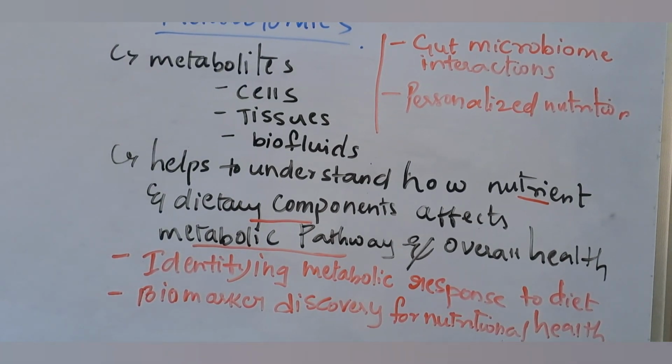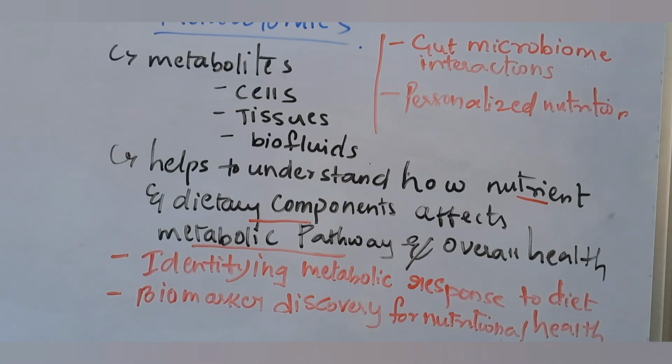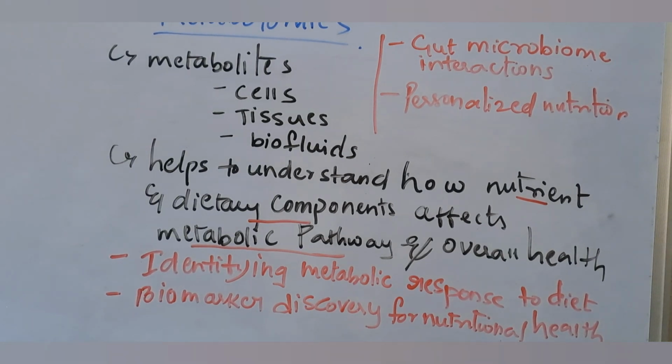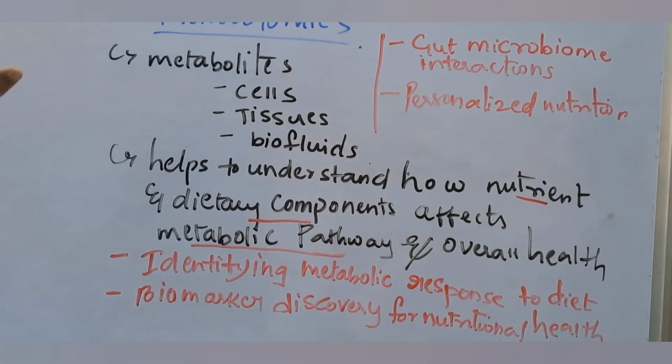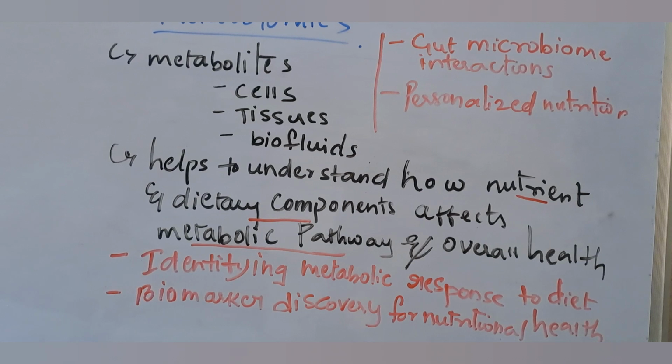Generally, metabolomics deals with very small molecules called metabolites, which are present in cells, tissues and biofluids. These are analyzed to understand whether nutrients and dietary components are affecting metabolic pathways or not.